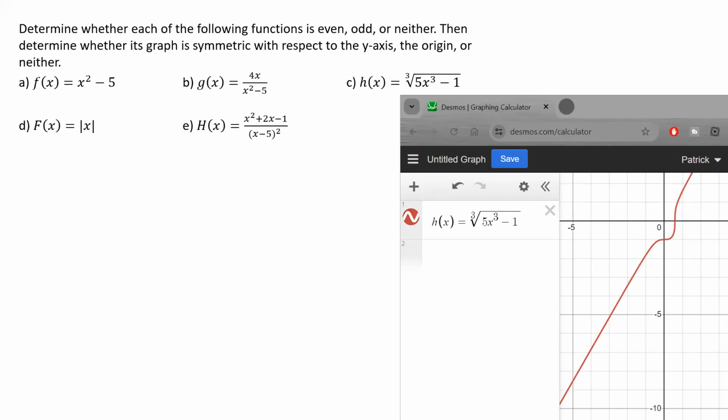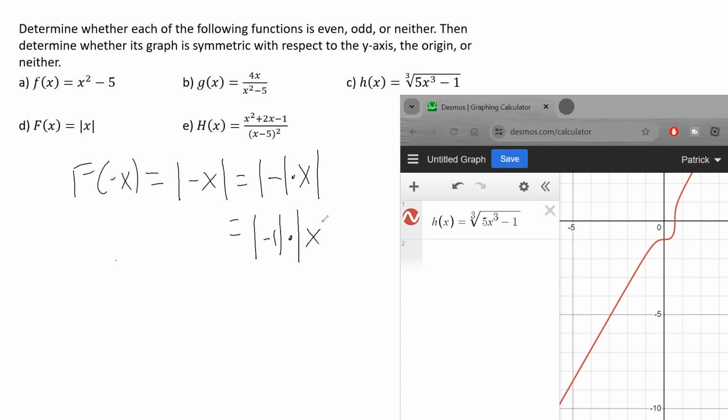Okay. Part D, the domain of the absolute value function is all real numbers. So again, for every number x in its domain, the opposite of x is also in its domain. So f of negative x is going to be the absolute value of negative x, which is the absolute value of negative 1 times x, which is the absolute value of negative 1 times the absolute value of x.